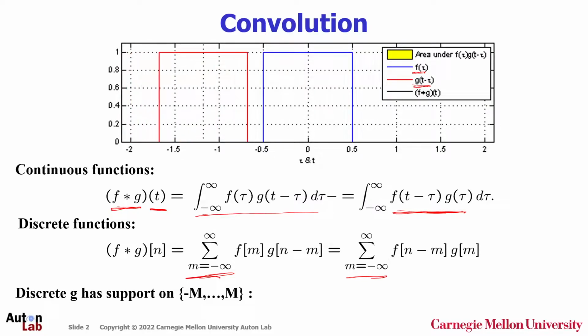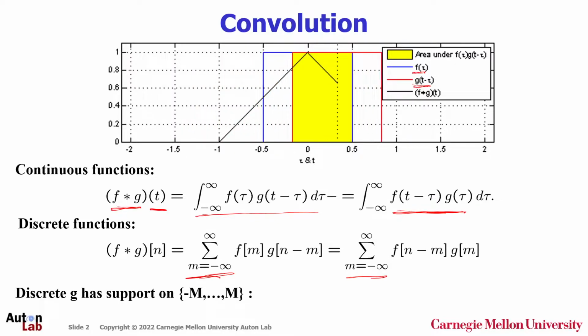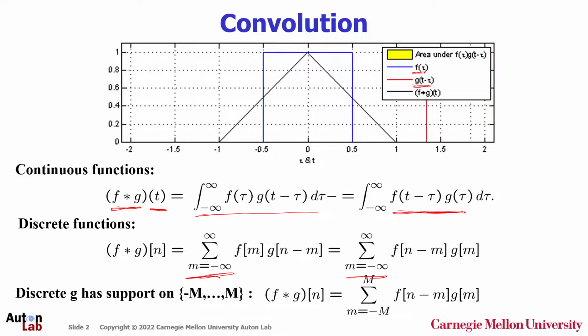For example, here the support is minus m plus 1, and so on, m minus 1, m, discrete integers. When the support of the functions are finite and discrete sets, then we can think of those functions as vectors, finite dimensional vectors, and we say we convolve two vectors. This is how we can define one-dimensional convolutions.